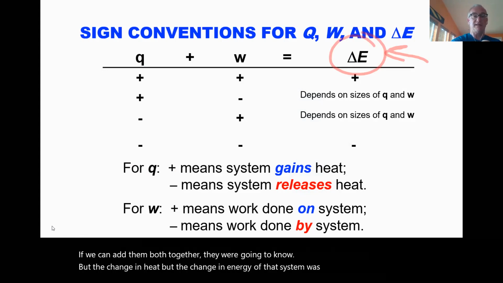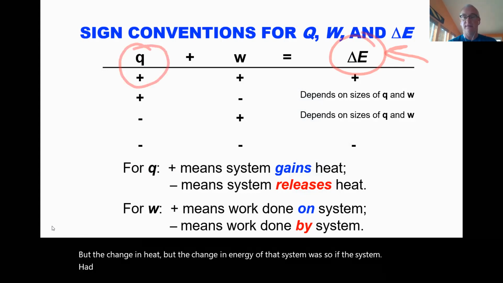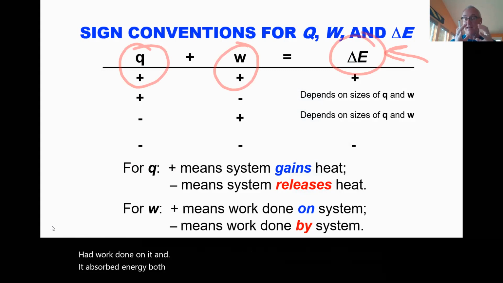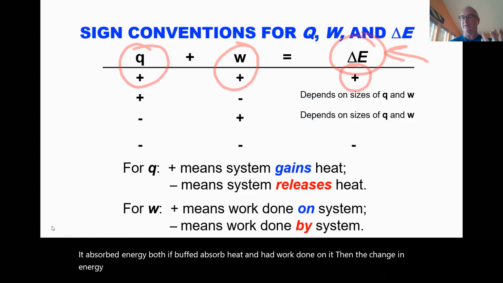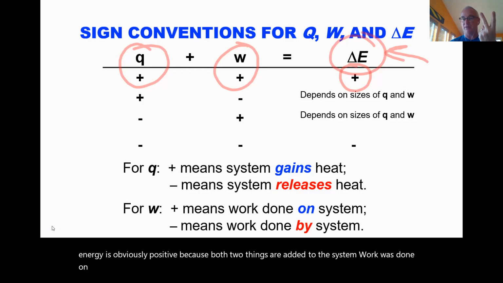So if the system both absorbed heat and had work done on it, then the change in energy is obviously positive, because two things were added to the system. Work was done on it and energy was added to it. So yes, it now has more energy than it did before.